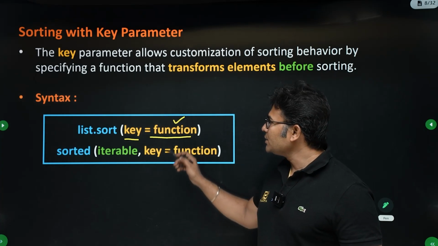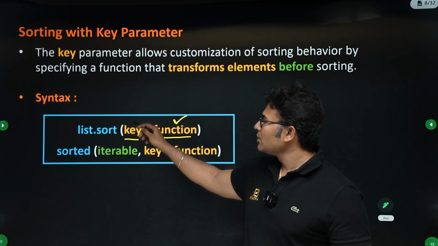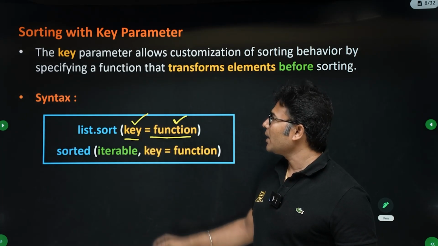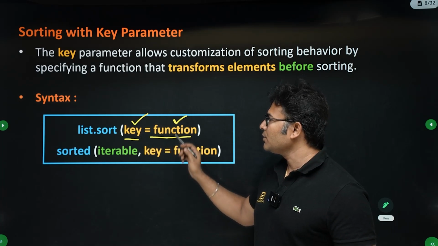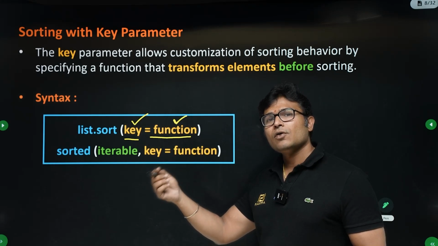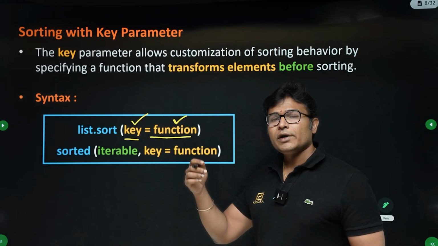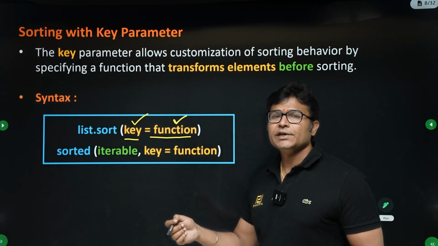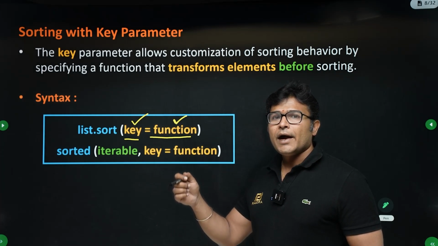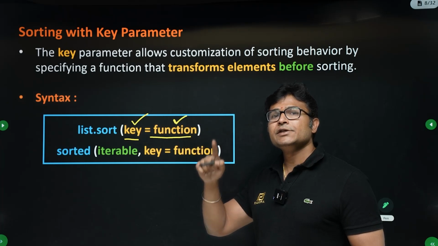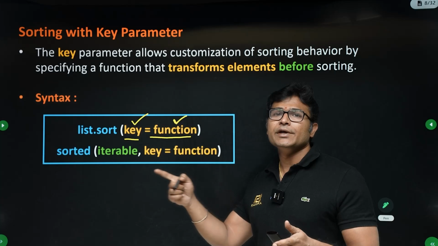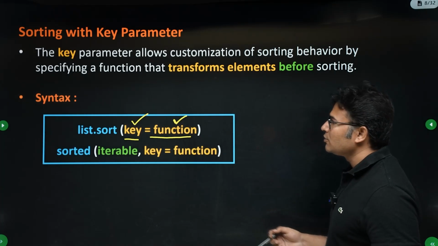So we are passing a function to the key argument, and that function will be applied to every element of the list. Based on the value the function gives us, sorting will happen. The original list is not manipulated; the original values are still as they are and will be rearranged.